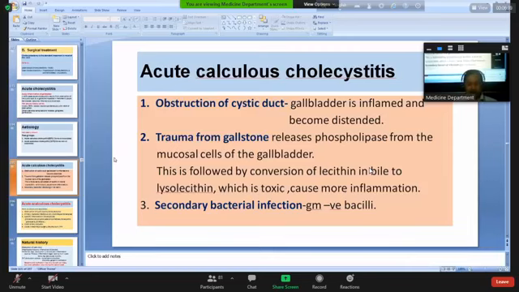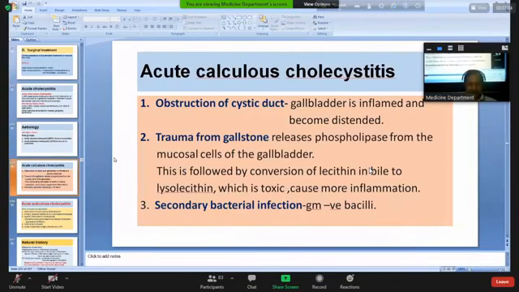Some of the known factors related to that: number one, obstruction of the cystic duct. So in acute cholecystitis, in at least 80% of cases, the gallbladder will be distended and inflamed because of the obstruction of the cystic duct.